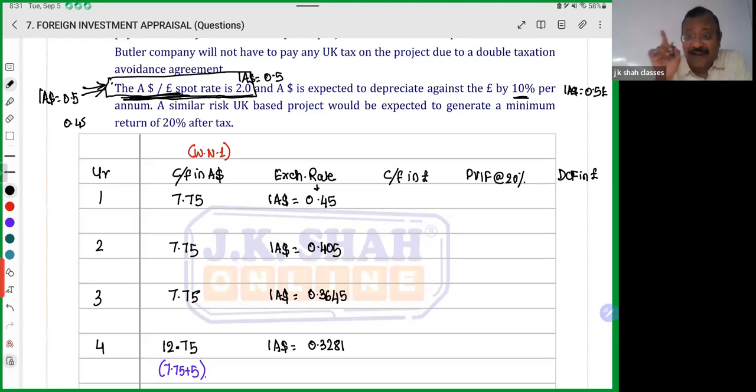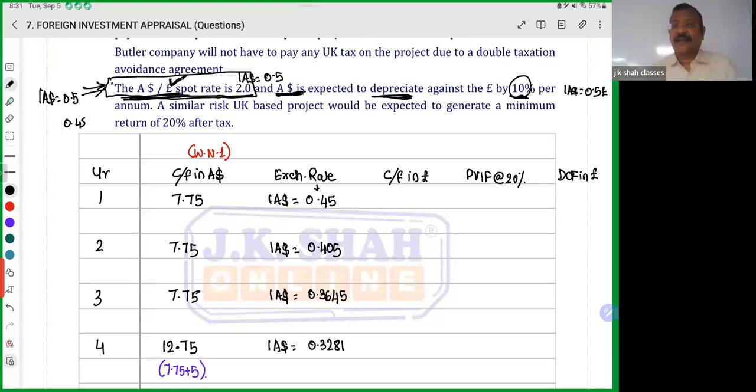You should not have done this as 2 Australian dollar is expected to depreciate by 10%. That means pound will appreciate by 10%. Remember what we studied in Forex? The quote is of a pound. The depreciation is given of Australian dollar. So you will have to apply this 10% on an Australian dollar quote.